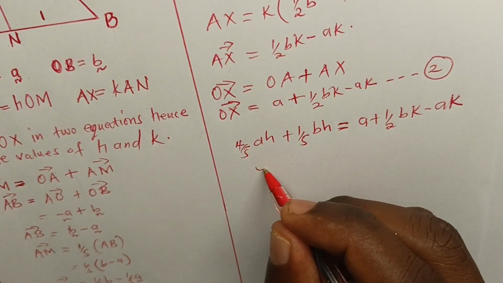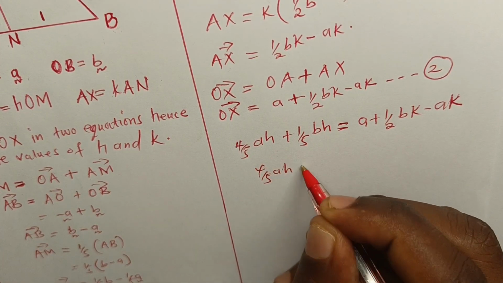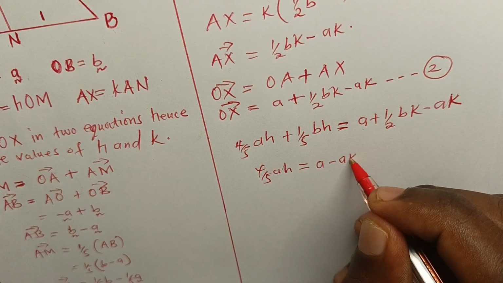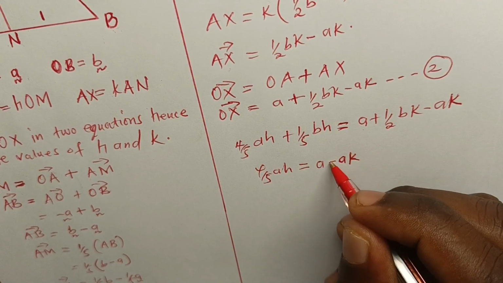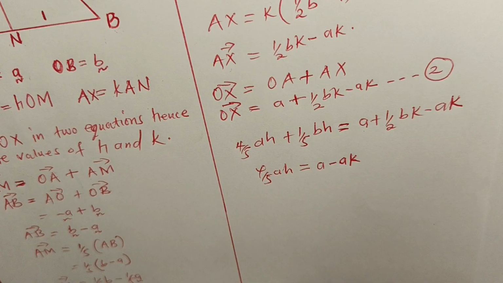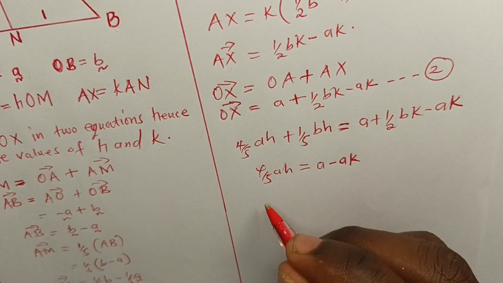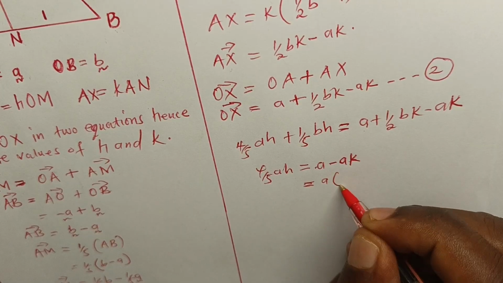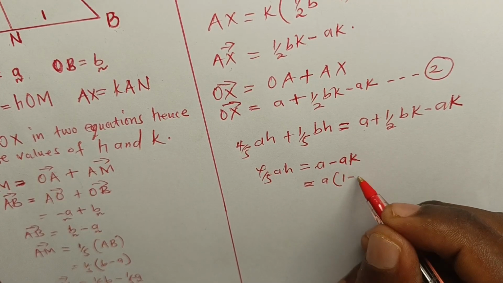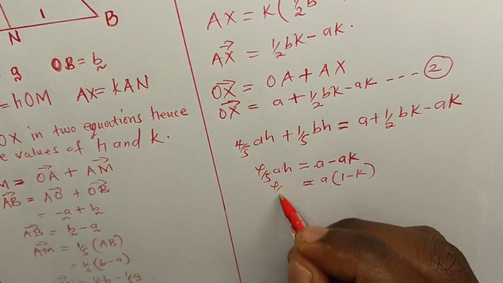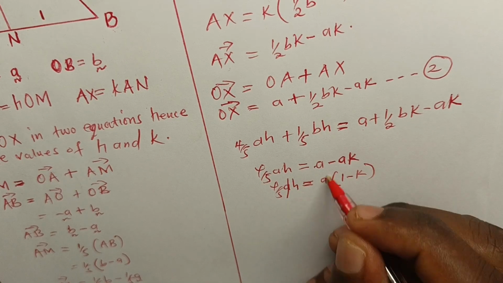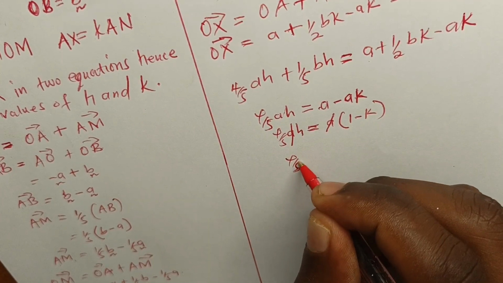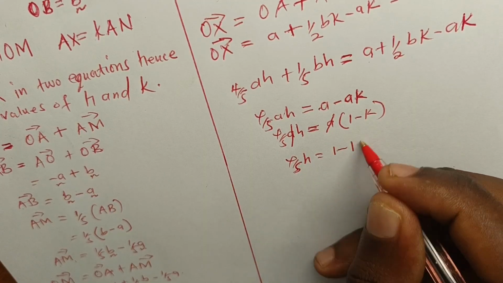Now 4/5 ah is equal to a minus ak. Now a is common here, so a(1 minus k) equals 4 over 5 h. Now remove a. This will give me 4 over 5 h is equal to 1 minus k.